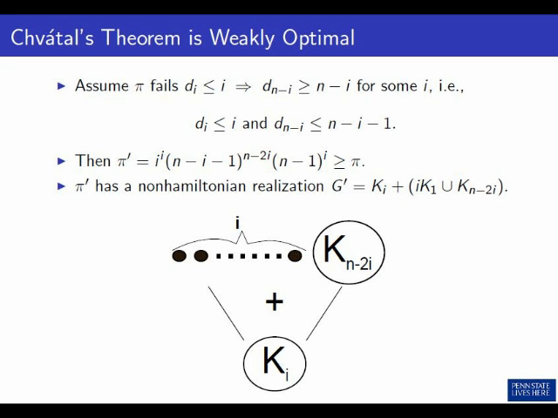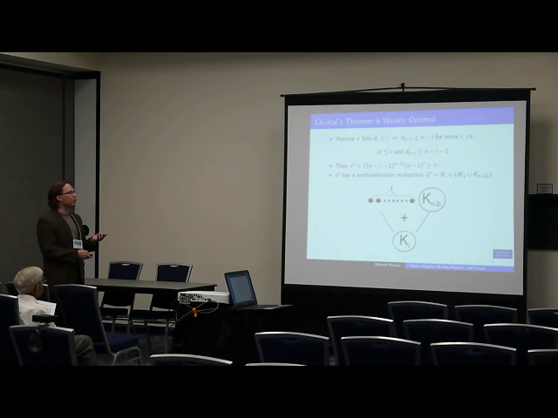And we can look at pi prime: it does have a realization that is non-Hamiltonian. So pi fails, and there is a majorizing sequence with a non-Hamiltonian realization. In fact, this realization is not even 1-tough, which is necessary for Hamiltonicity. Okay, so we're going to focus on what we mean by a best monotone P-theorem. Given a P-theorem T naught, we call it best monotone if it is monotone and weakly optimal.